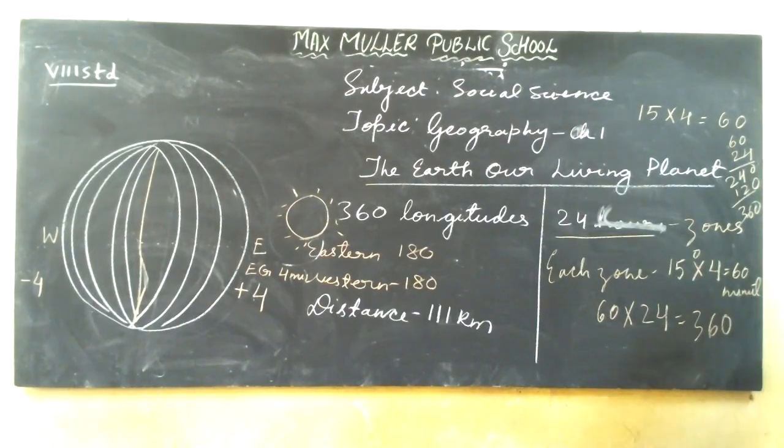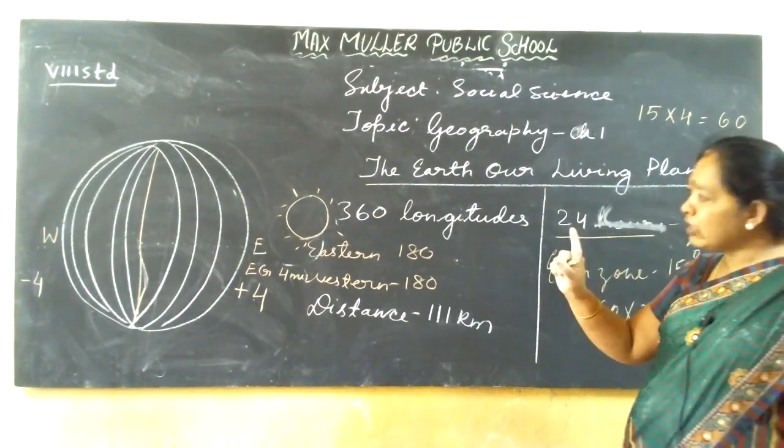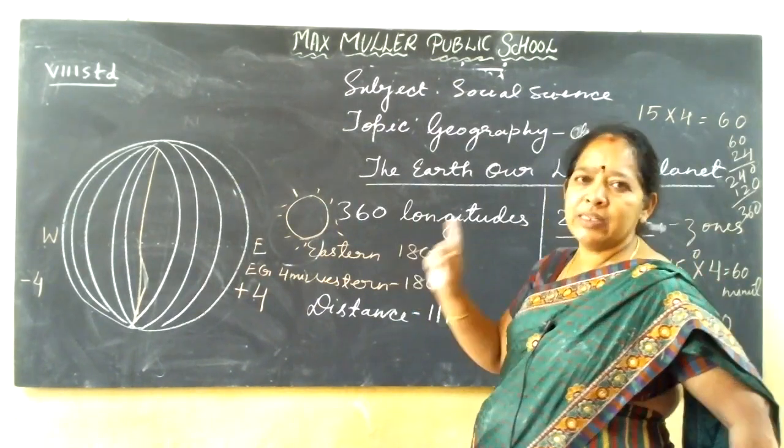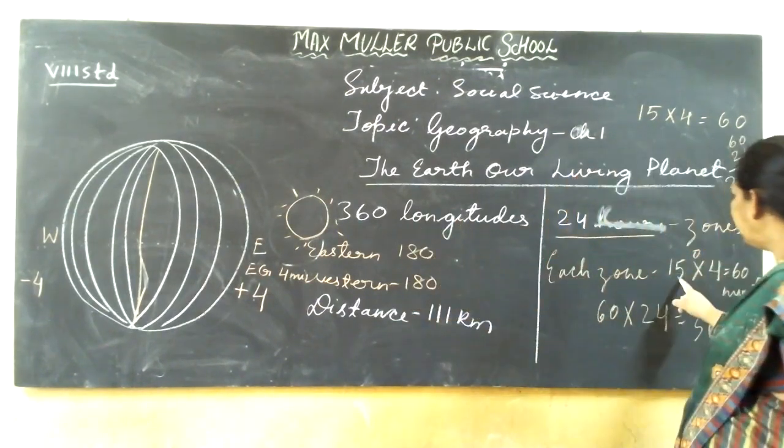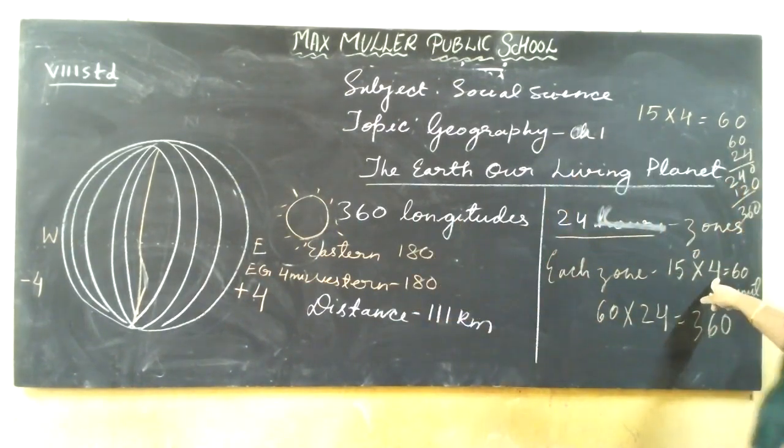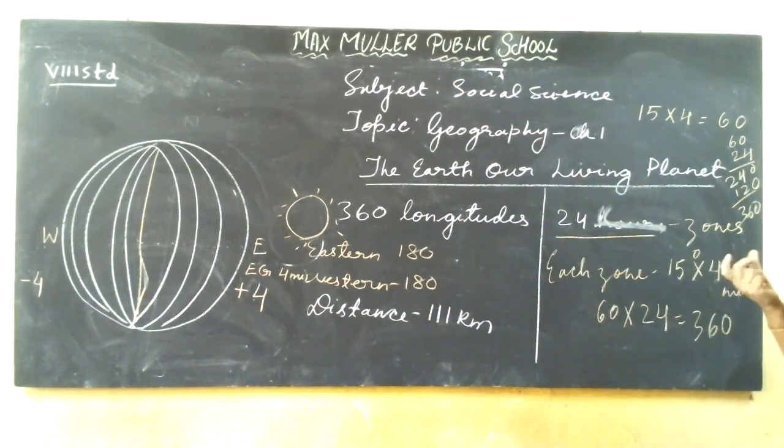You got it now? You got it, children? See, how many zones are we having? 24 zones. So from one zone to the other, it is 15 degrees. From one zone to the other, it is 15 degrees. That will be 15 into 4 minutes. That is 60 minutes, one zone.